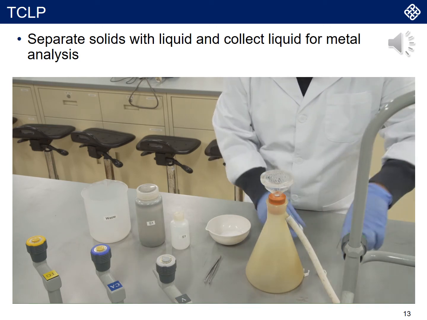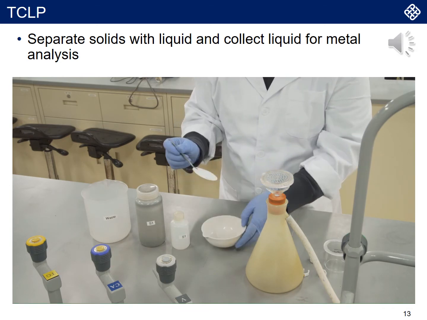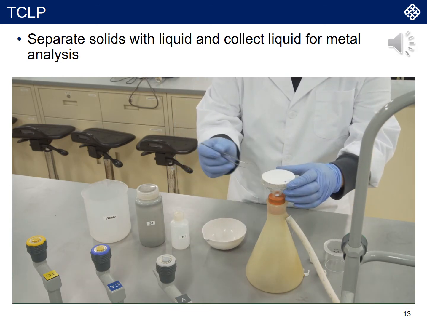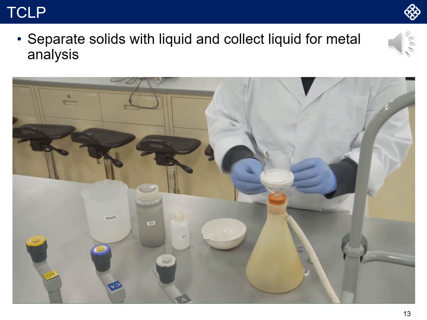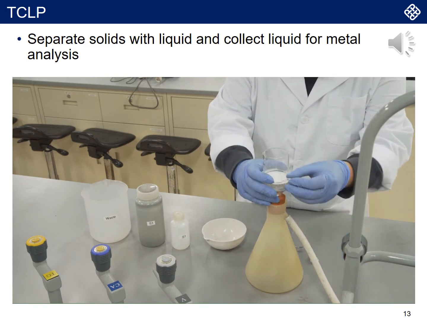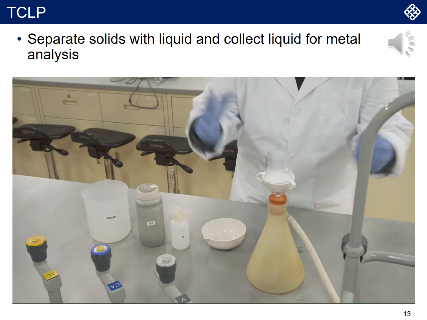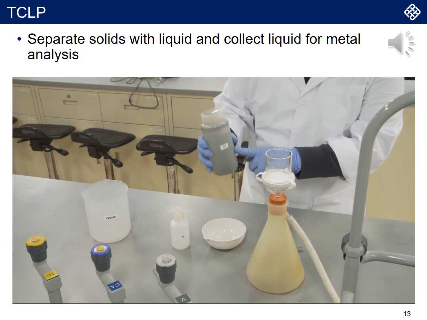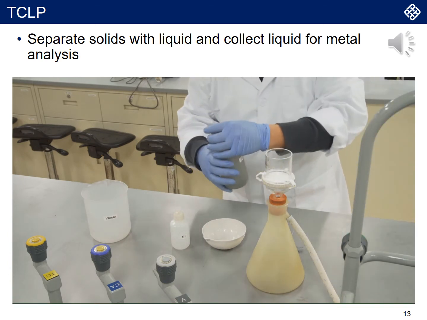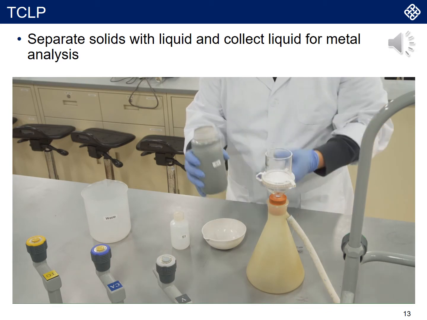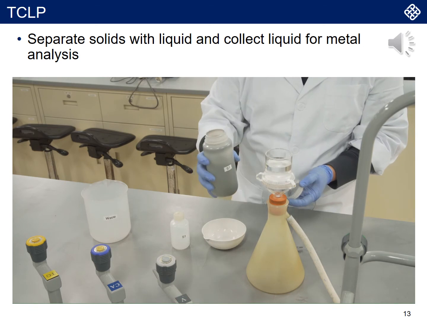The instrument that we use to separate the solid and liquid is a device with a vacuum, and we put the filter paper in the middle of the compartment, fix everything together, and then gradually pour the samples into the instrument. So this is how it works.